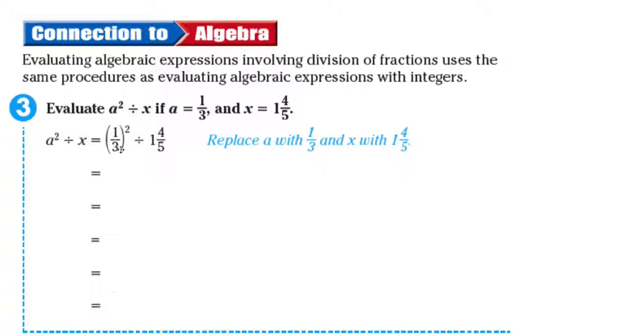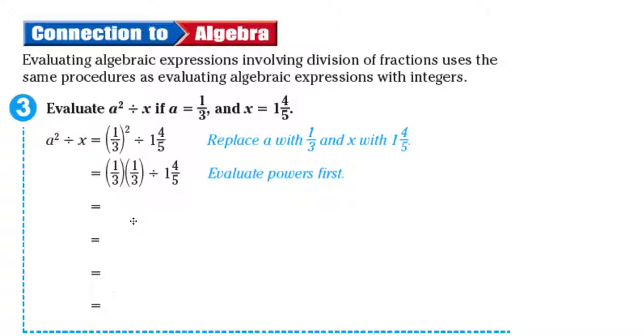So we have now 1/3 squared divided by 1 1/4, replacing a with 1/3 and x with 1 1/4. Okay? And then we do our exponents first. So this is 1/3 times 1/3 divided by 1 1/4, evaluating powers first.